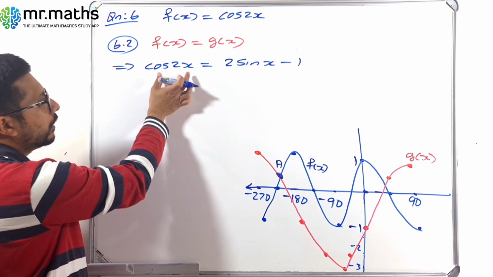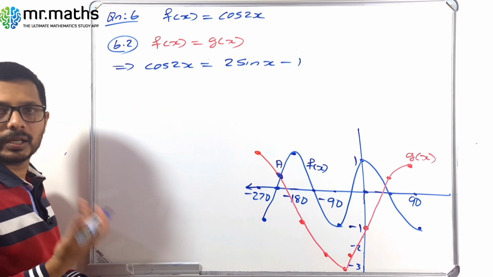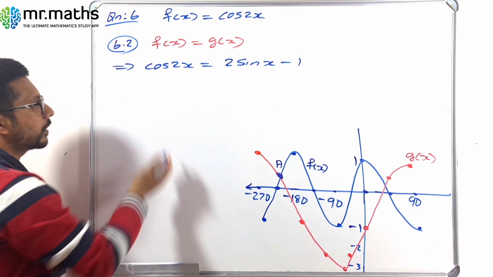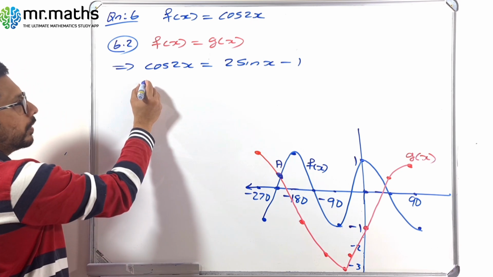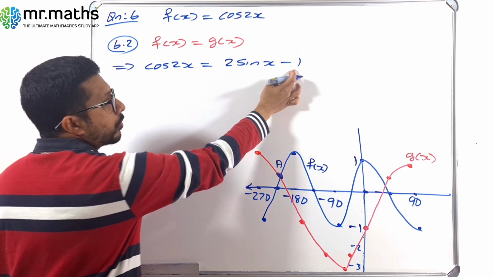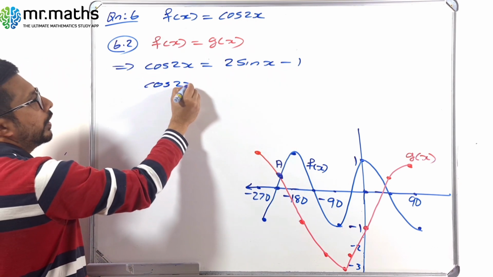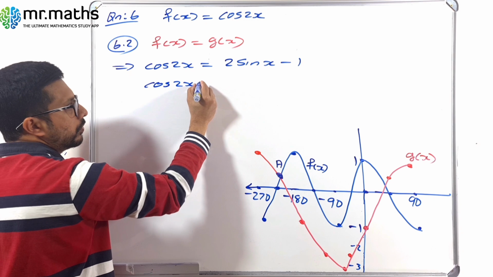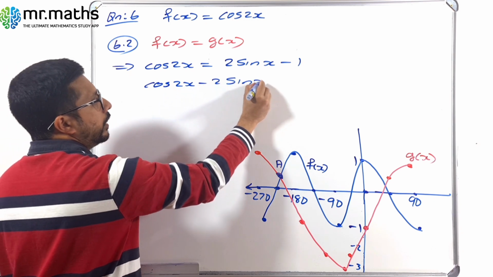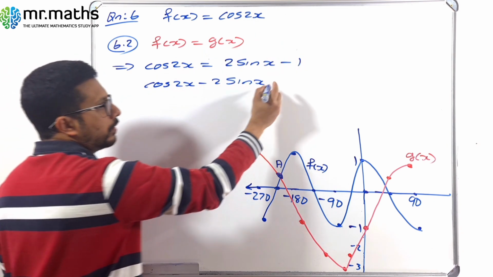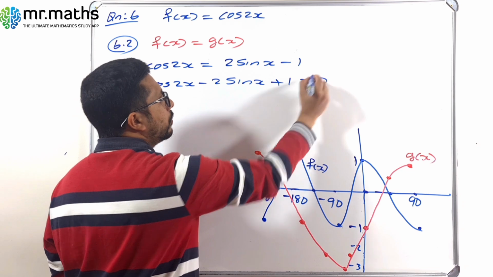Here you can see that cos 2x I can write in terms of sine. First let me take both of these to the left side. So it is cos 2x minus 2 sin x plus 1 is equal to 0.